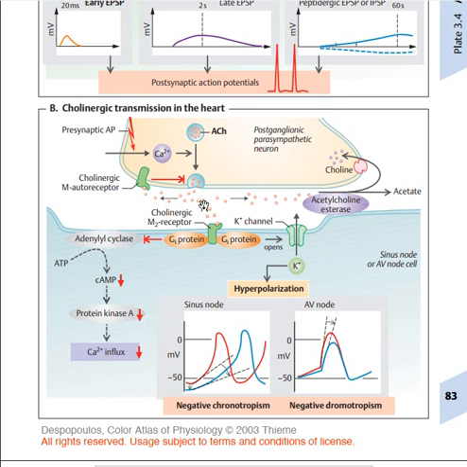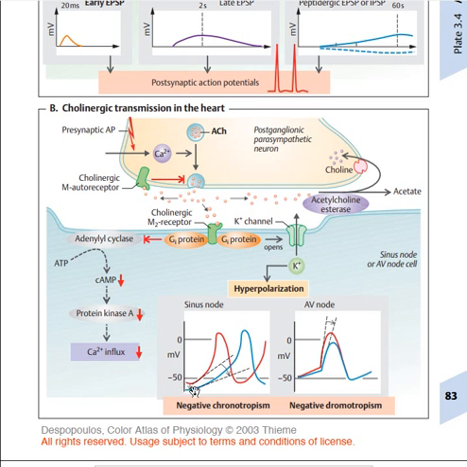Now the acetylcholine is going to bind to the metabotropic receptors. When it binds to the metabotropic receptor, we have the Gi protein, which is going to inhibit adenylyl cyclase, and the Gi protein is also going to cause potassium ions to move out of the cell. Since potassium ions move out of the cell, we are going to have hyperpolarization, and that hyperpolarization is going to cause a reduction in the slope of this cell.